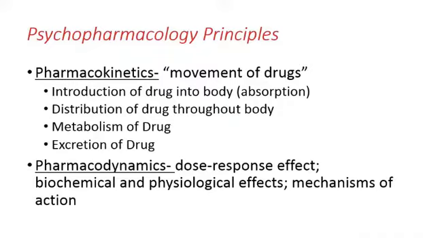In particular, we're interested in looking at how the drug is introduced into the body, how it can be absorbed, how it can then be distributed throughout the body, how it can be metabolized, and then how it's excreted or gotten rid of. When we're talking about pharmacodynamics, we're talking about a dose-response effect, looking at biochemical and physiological effects of the drug on the body, as well as the specific mechanisms of action. So pharmacokinetics is very much separate from pharmacodynamics.